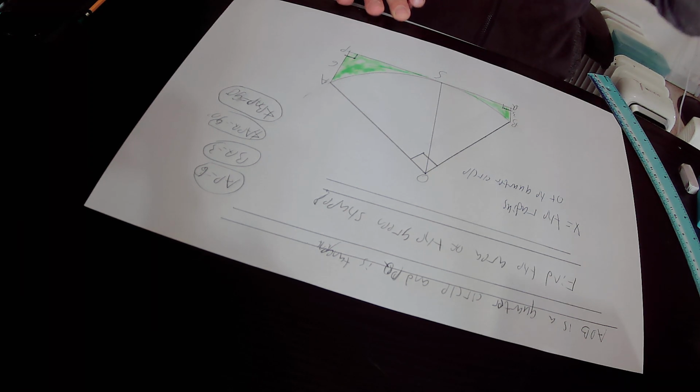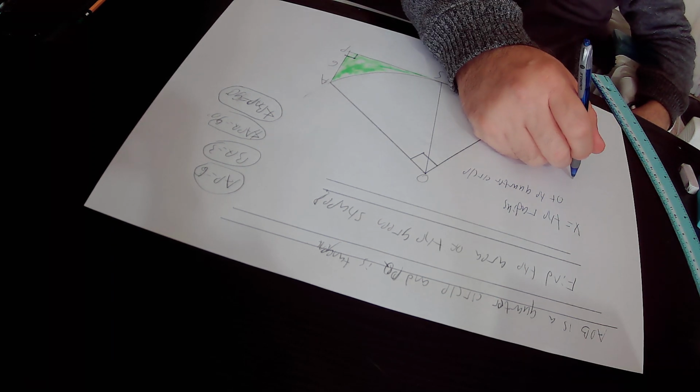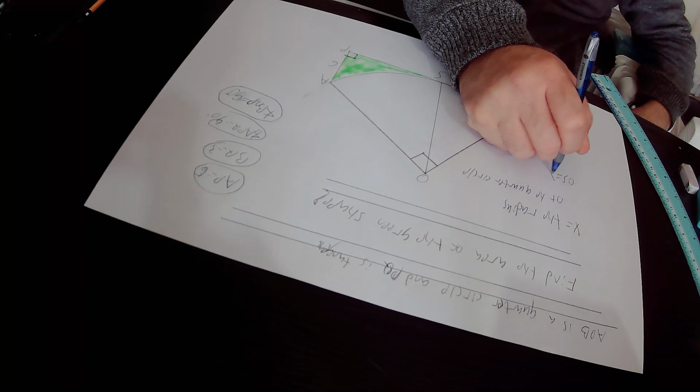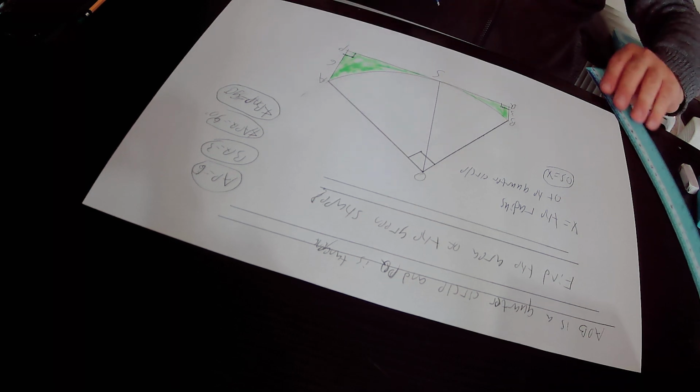In the next step, we'll do a construction. That is to say, from point B, we'll draw a perpendicular on the radius OS.